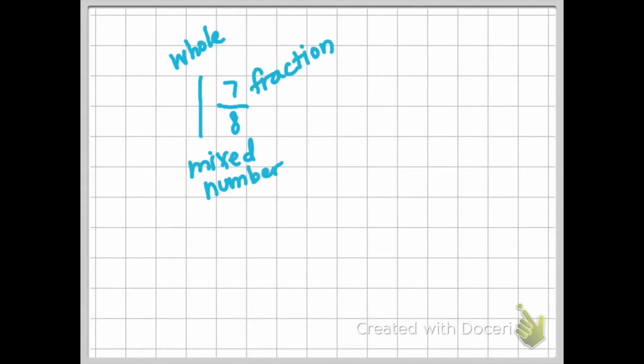Now, sometimes during a fraction problem, they're going to ask you to rename this to what's called an improper fraction. An improper fraction means that the numerator is greater than the denominator.